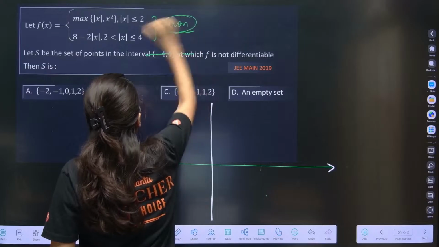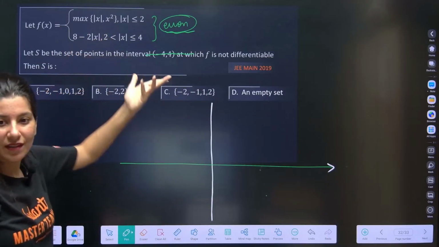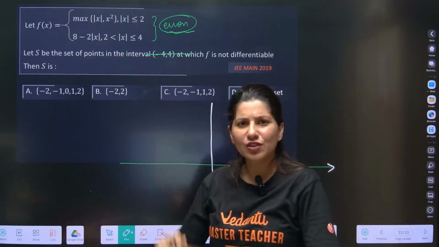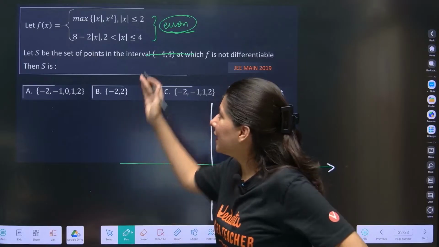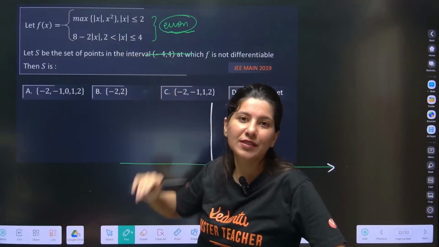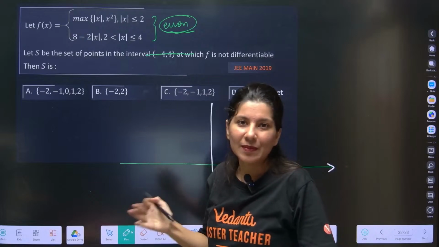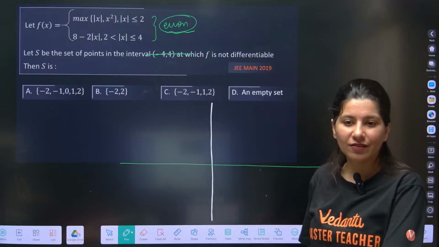Even if you replace x by minus x, the whole function will be exactly the same. So f of minus x is f of x. That means even function. Even functions are symmetric about the y-axis.